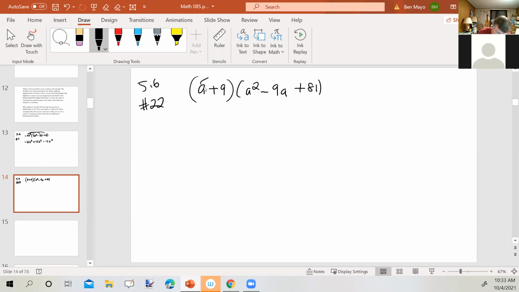So first of all, a times a squared would be a cubed. A times minus 9a would be minus 9a squared. A times a positive 81 would be plus 81a. Moving on, 9 times a squared would be plus 9a squared.